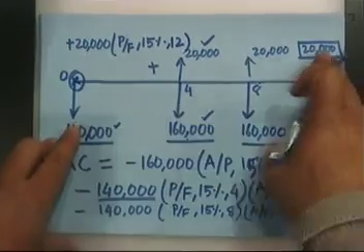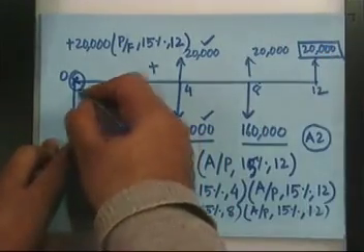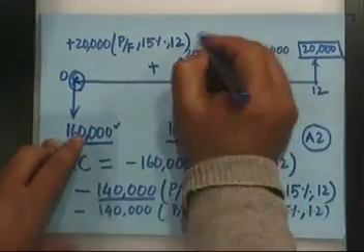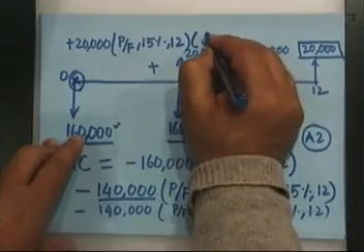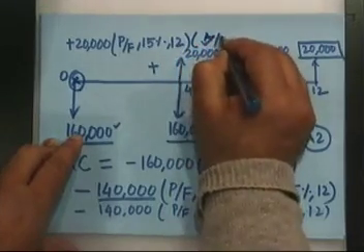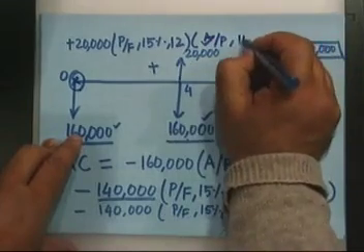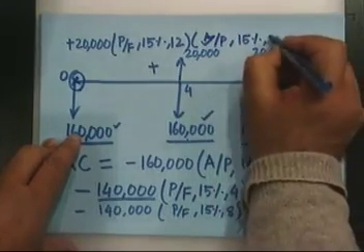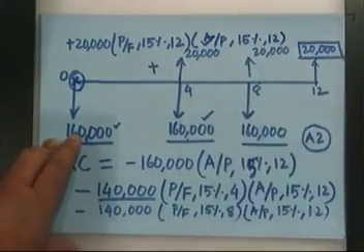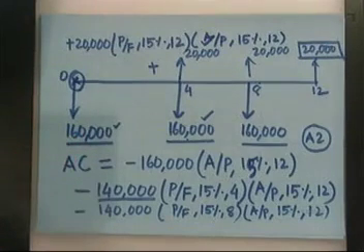So, this 20,000 has now come to time t is equal to 0, and then again I multiply it with A given P at 15% for 12 years. So, what you have noticed just now is, for each of the cash flows, I am first bringing it to time t is equal to 0 and then annualizing it.